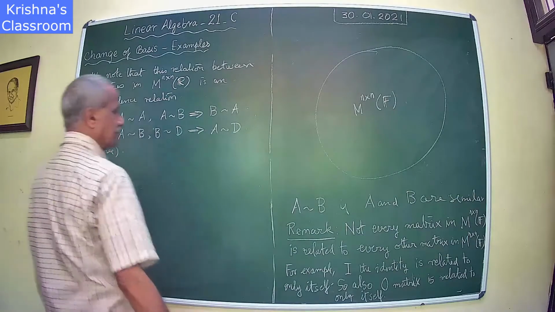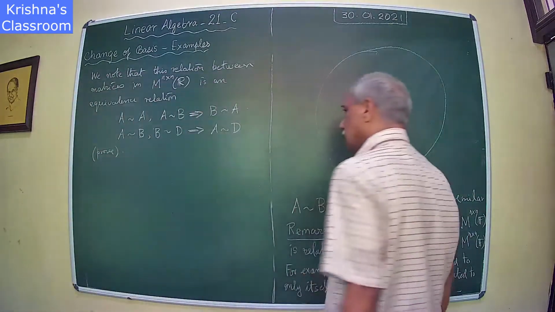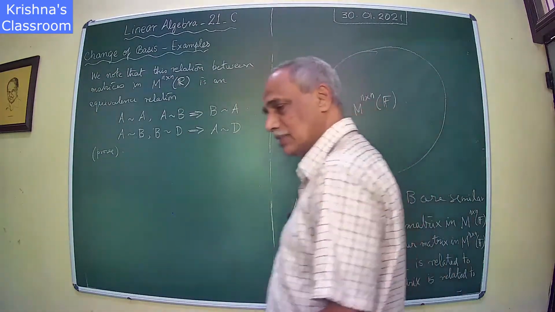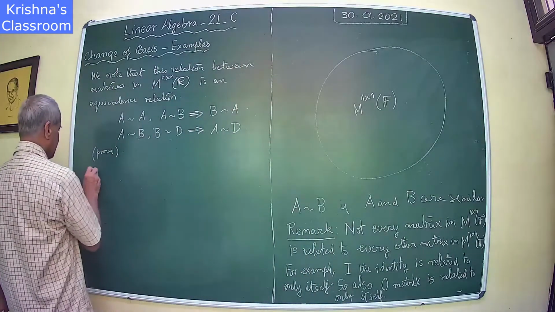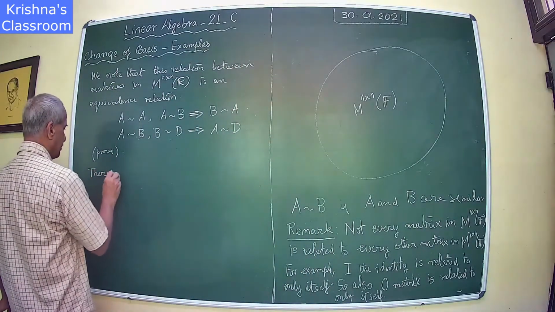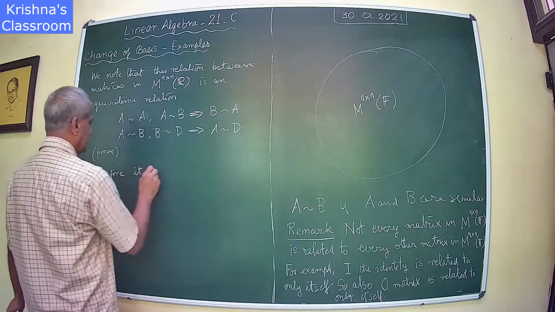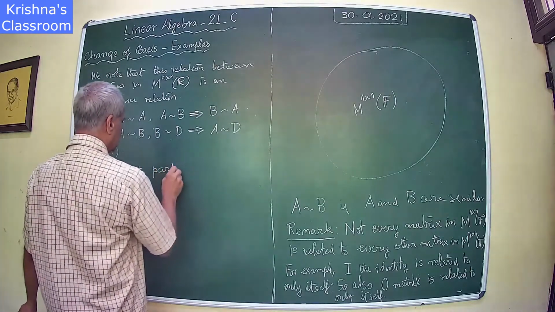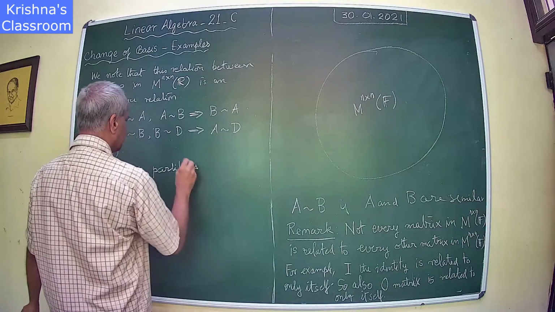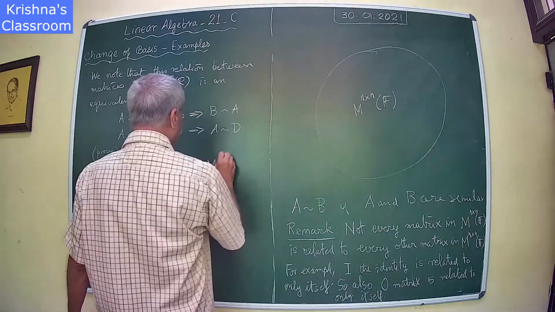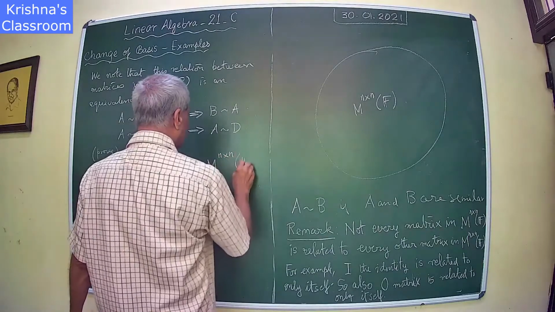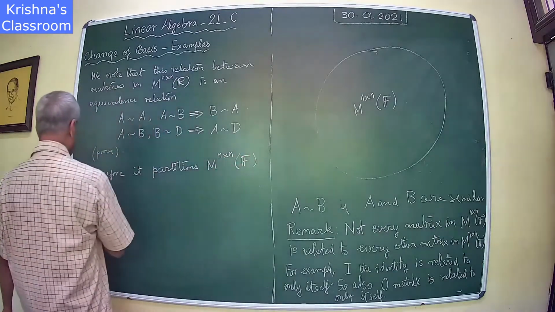What is the consequence? The consequence of an equivalence relation is that it partitions. Therefore, it partitions M into equivalence classes.